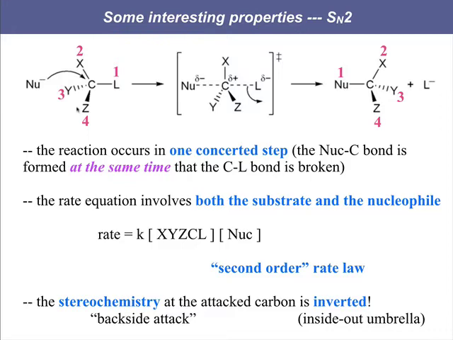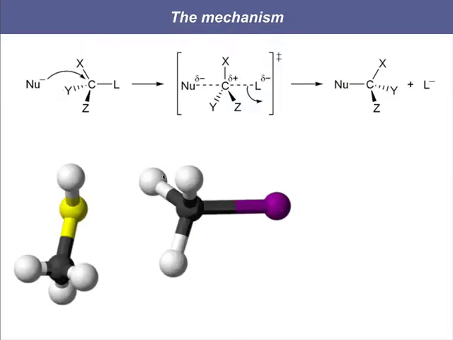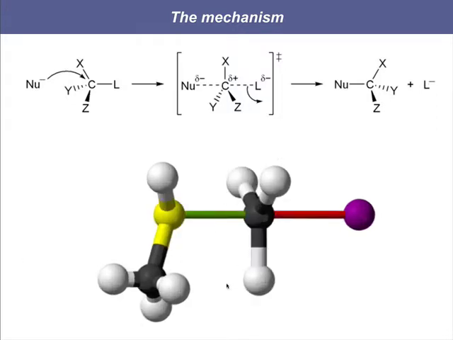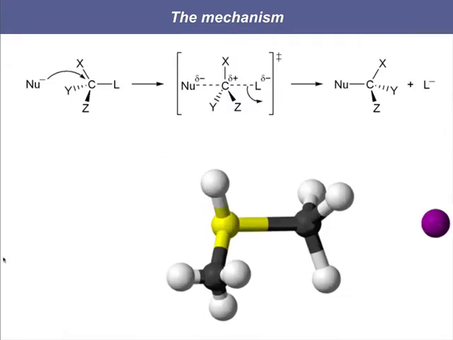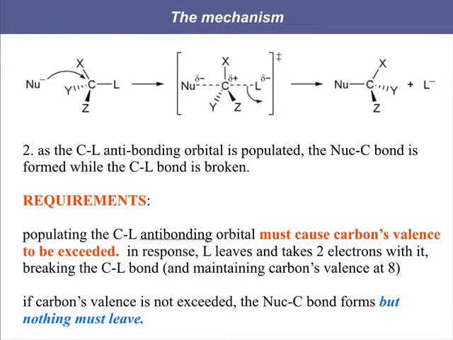So look what happens as we add the nucleophile and displace the leaving group. Remember how the 3 other groups kind of flattened out? We started with them pointed towards the nucleophile like this. Again, since the nucleophile is adding from the back side of this bond, these groups would be pointed towards the nucleophile. As that nucleophile adds the bond, these groups flatten out, and then when the bond is fully formed and fully broken, they pop the other direction. It's kind of like an umbrella popping out of plane, an inverting umbrella.